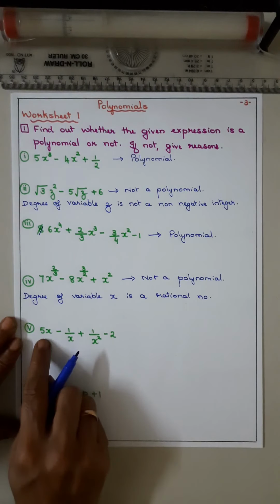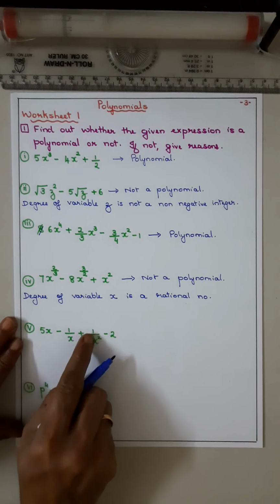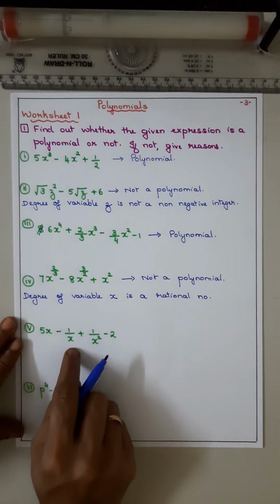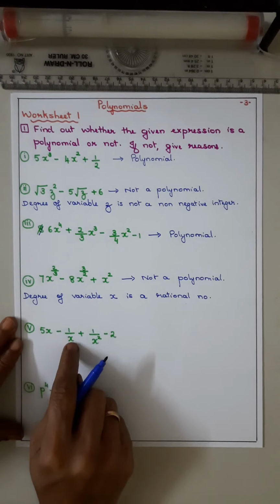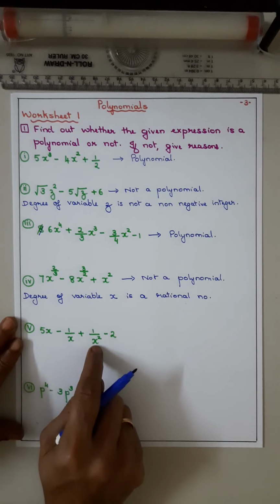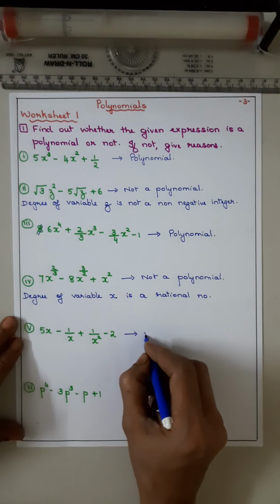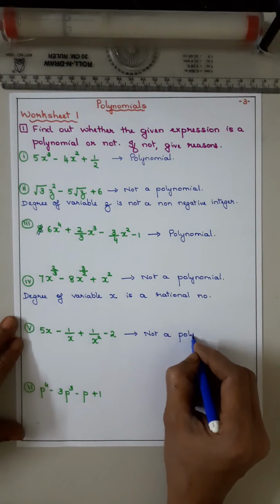Now here 5x minus 1 by x plus 1 by x squared minus 2. So here it is in the denominator. So when you take it up, it will be x to the power minus 1. This one will be x to the power minus 2. So again, not a polynomial.